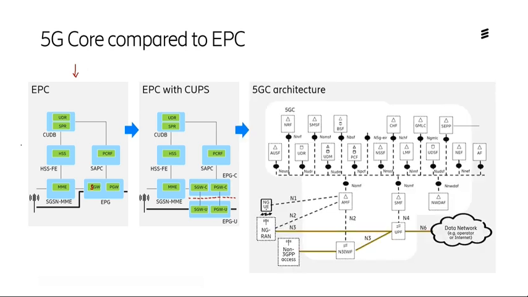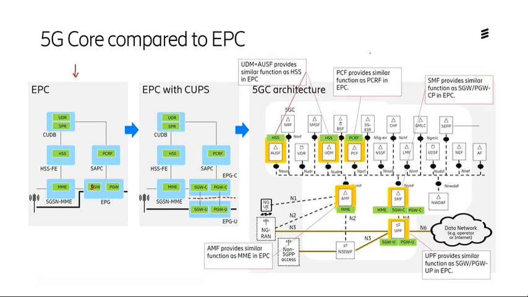So when we look at the 5G core architecture, it looks intimidating, but when you look at it carefully and compare it to what we have known, then as you can see, the authentication server function here is very much like the HSS working with the Unified Data Manager. Policy charging is handled by the policy control function.